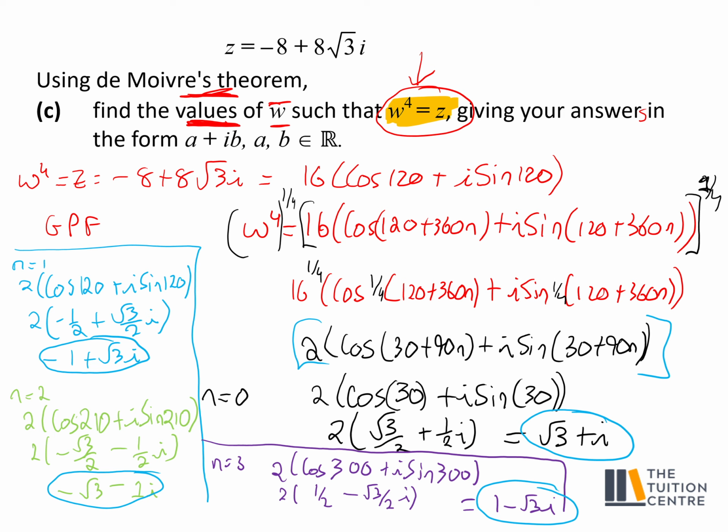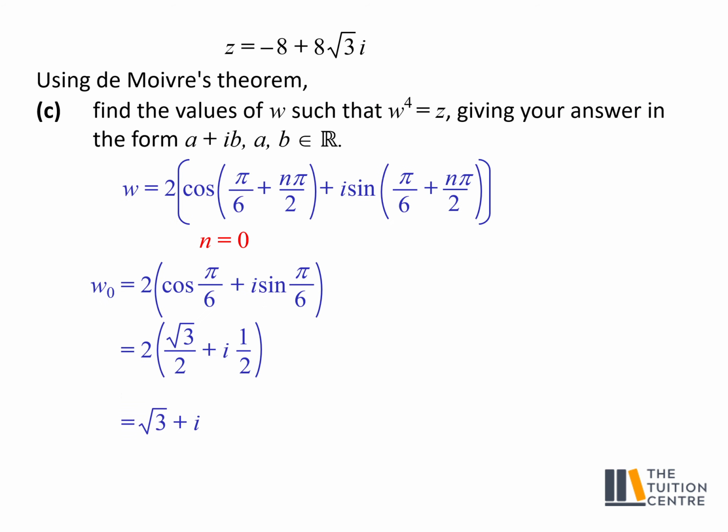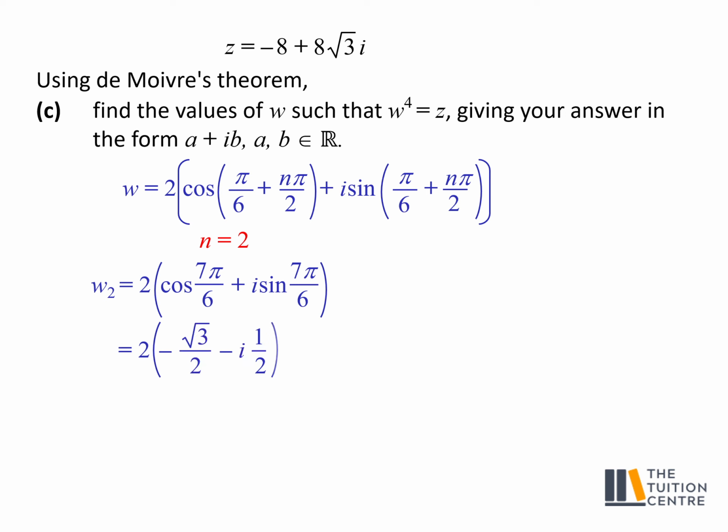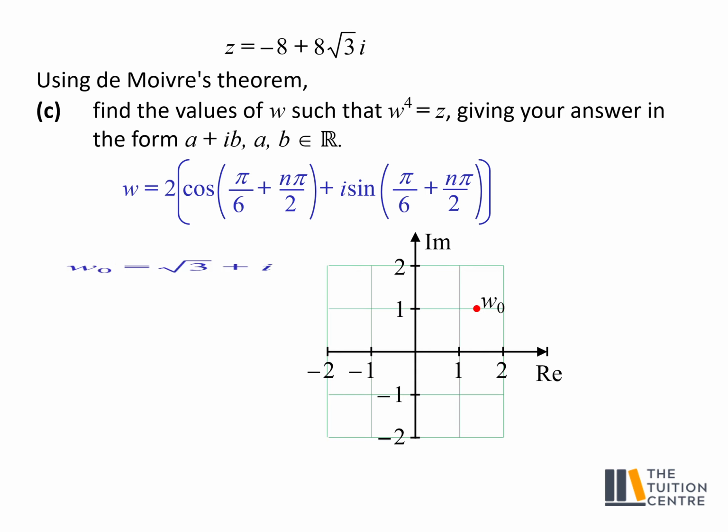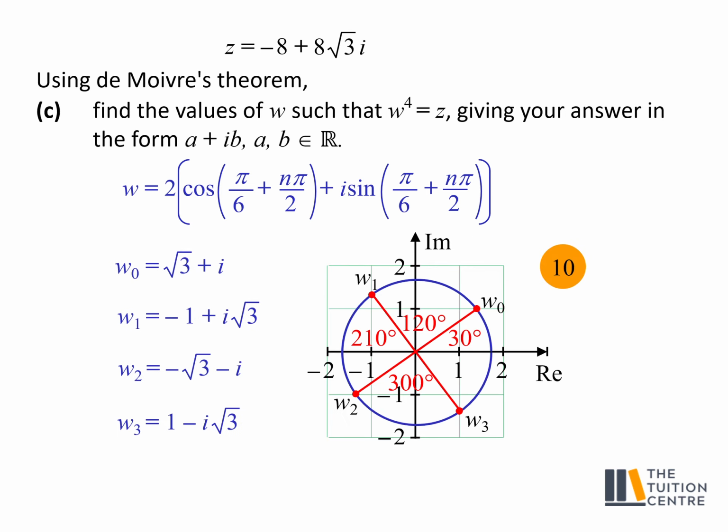I'm going to do one thing here, right? I'm going to skip through one little part and show you the final answer as a diagram, and then come back to the radian measure part. So if I plot my 4 points when n was 0, when n is 1, when n is 2, and when n is 3, you could see your 4 points are all plotted on the Argand diagram. They're all 90-degree rotations from each other.